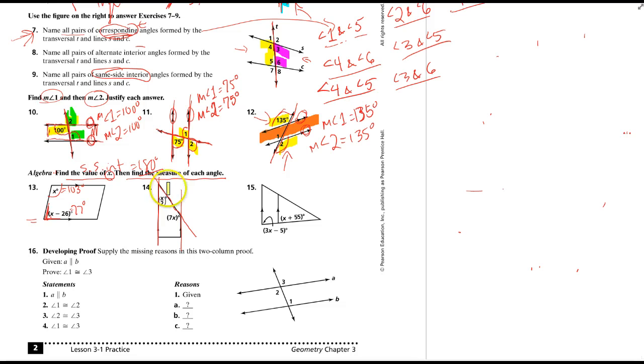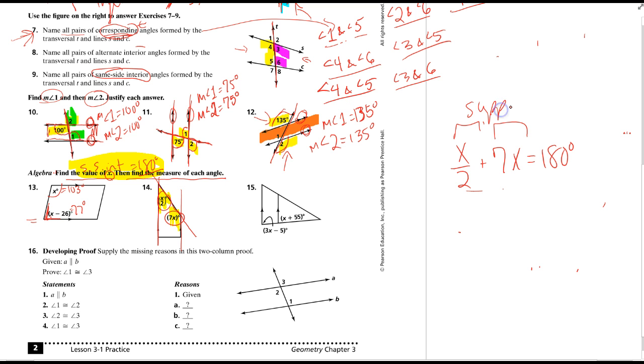Same side interior angles will be supplementary again. So we can set it up. X over 2, which is the little angle, plus 7x, which is the big angle, adds up to 180. Again, this one with this one, they're supplementary.